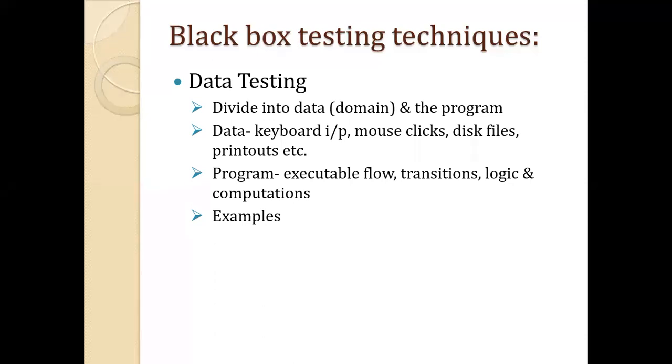In data testing, the simplest view of software is to divide its world into 2 parts: the data, or its domain, and the program. So the data is the keyboard input, mouse click, disk file, printouts, and so on. The program is the executable flow, transitions, logic, computations, etc. So how are you going to check this particular data in the program?